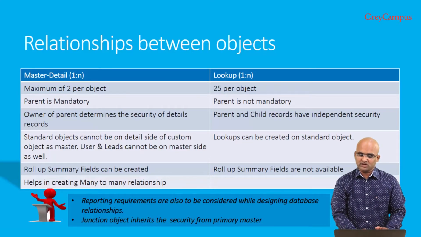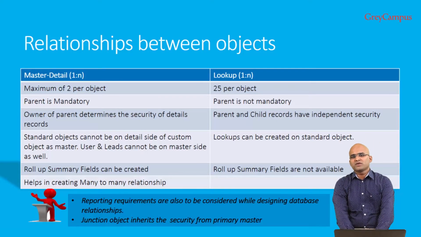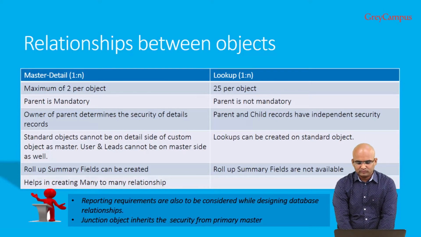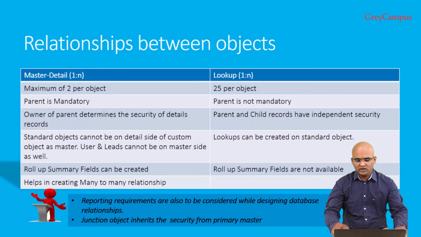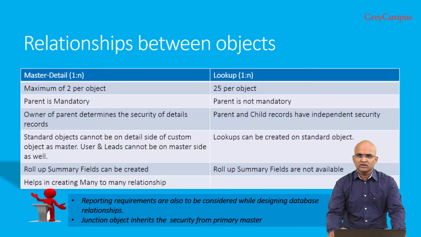The owner of the parent determines the security details of the records. Typically, when you create a master-detail relationship, you don't have an owner field on the child record. The owner of the master is treated as the owner of the children. Owner plays a significant role when calculating the security algorithms. You will see it much deeper when we go to the security module of this course.